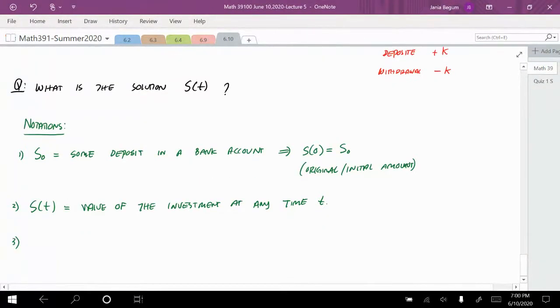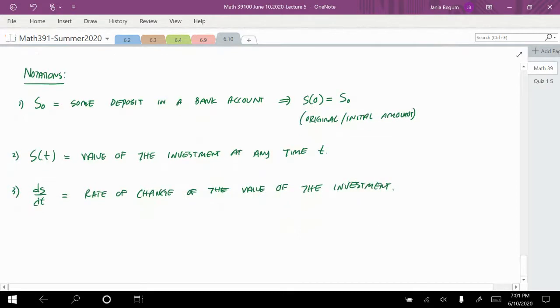Now what does dS/dt represent? That's the rate of change of the value of the investment. So that's the differential, it describes the change in the investment amount.